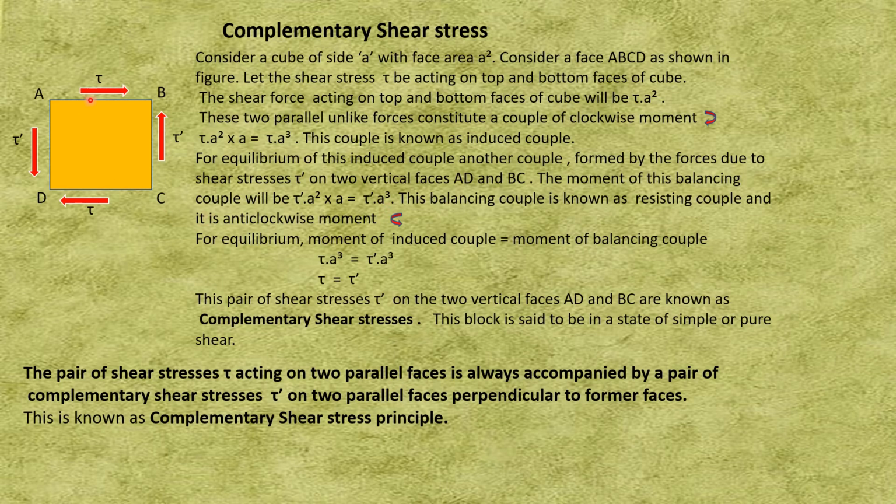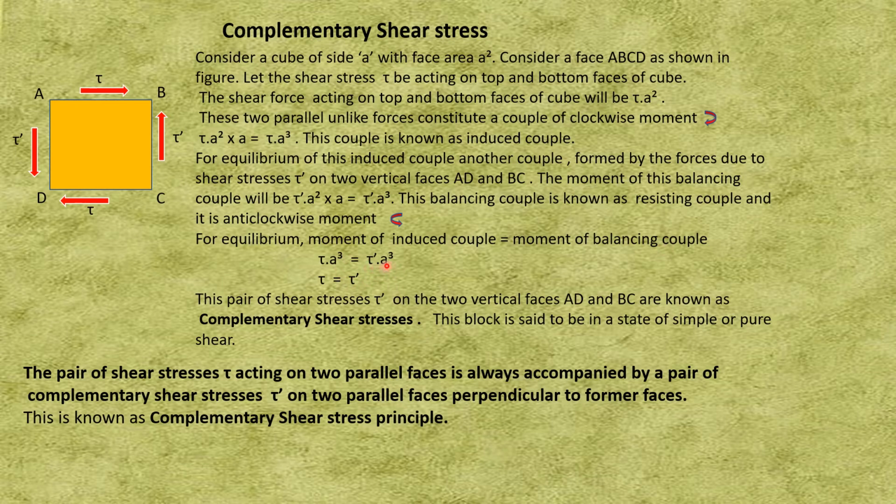And if this tau dash a cube and tau a cube are equal and opposite, then only ABCD will be in equilibrium. So for equilibrium, the moment of the induced couple must be equal to the moment of the balancing couple. Induced couple is tau a cube and balancing couple is tau dash a cube.